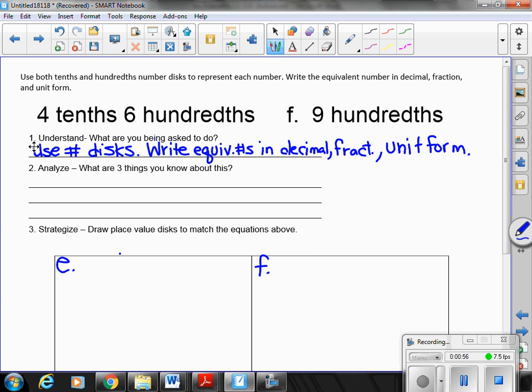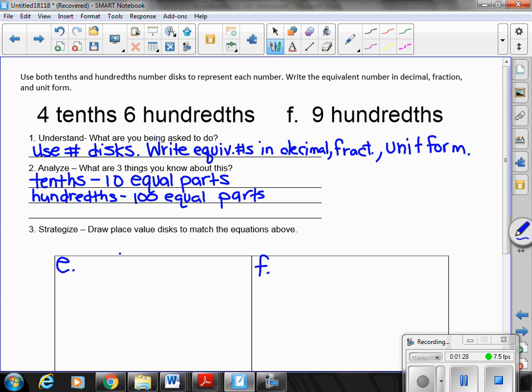Okay? What are three things we know? Well, we know a lot of things from this. We know that tenths are 10 equal parts. We know that hundredths are 100 equal parts.